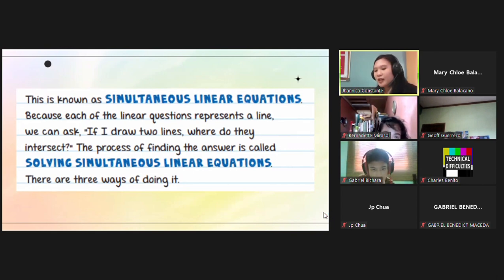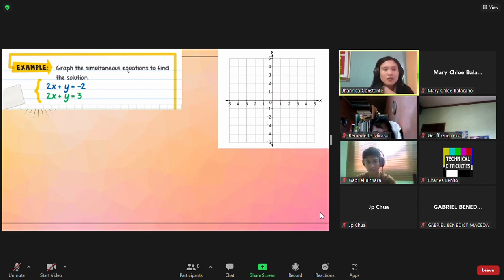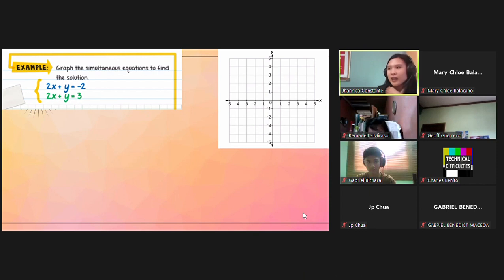So for example, we have this equation and we're going to find the solution to determine the number of solutions we'll be having for the equations 2x plus y equals negative 2 and 2x plus y equals 3.